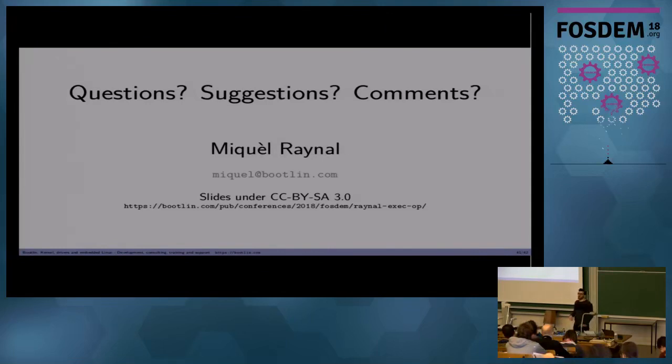The question is about the support of MLC NAND and how this could be handled, right? Actually, some work has been done about supporting MLC NAND in the Linux kernel.